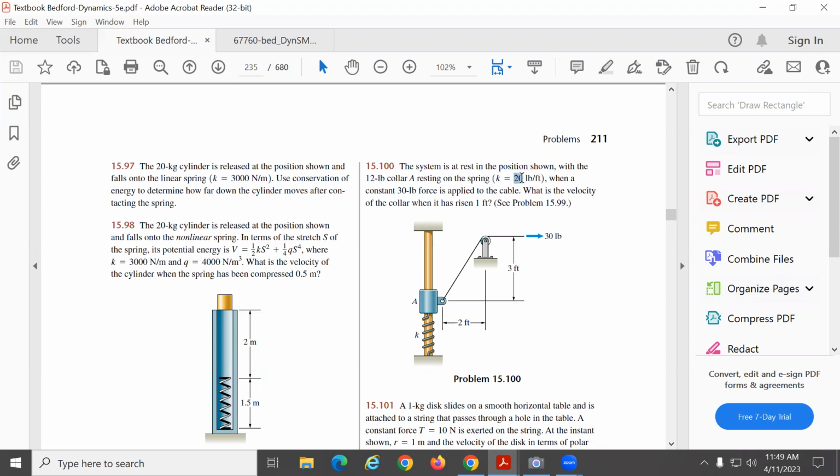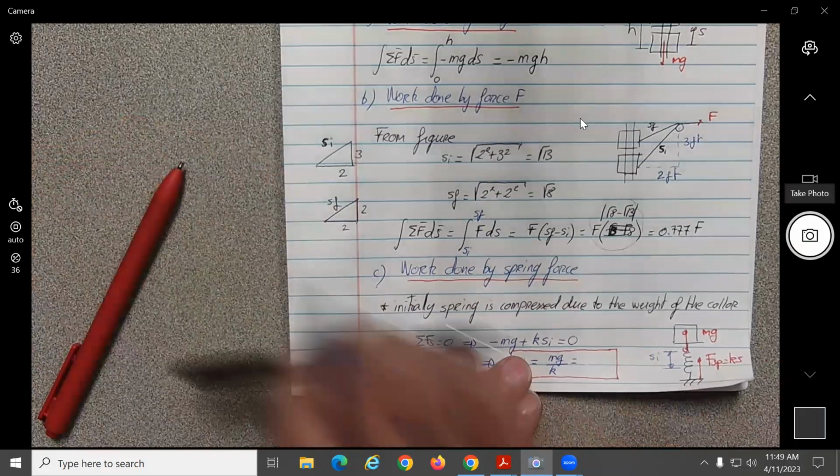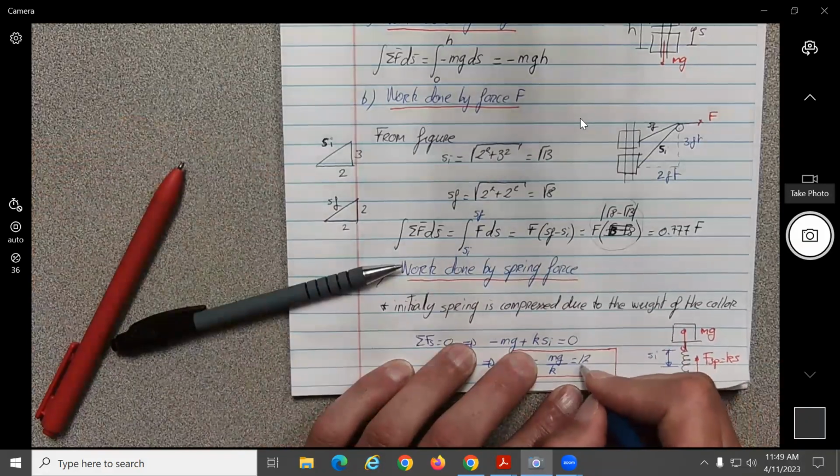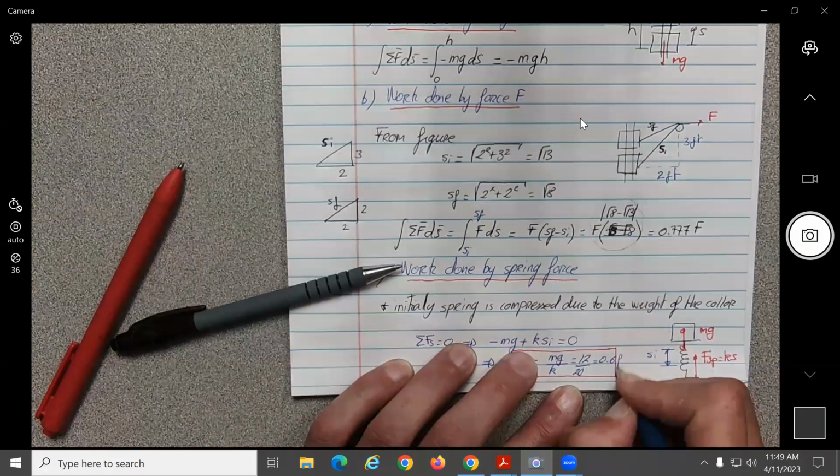It's 12 divided by 20. Let me put it right here, so it's clear what we're doing. 12 divided by 20, and you say it's 0.6?